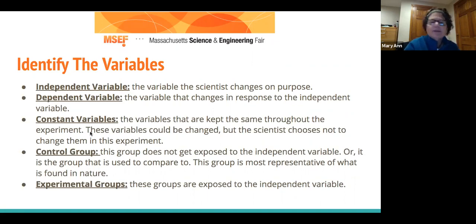I thought that was the most brilliant definition, because I tell the kids, what does constant mean? The same. What does variable mean? To change. That makes no sense, right? And one kid said, "Mrs. D, it's the changes that we don't change." So they could be changed, but we choose not to change them in this one experiment.